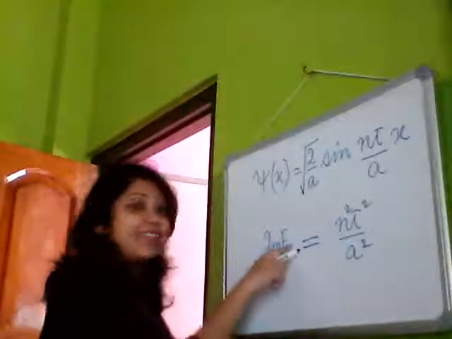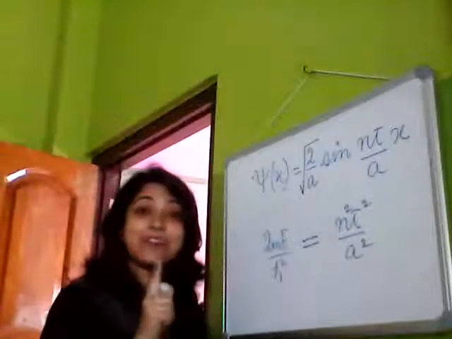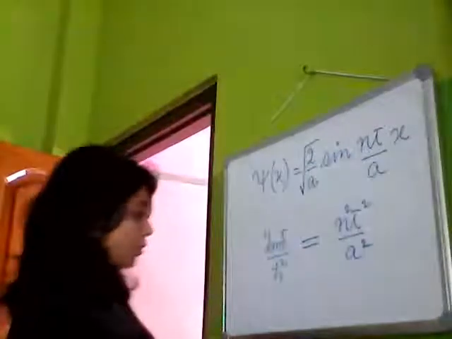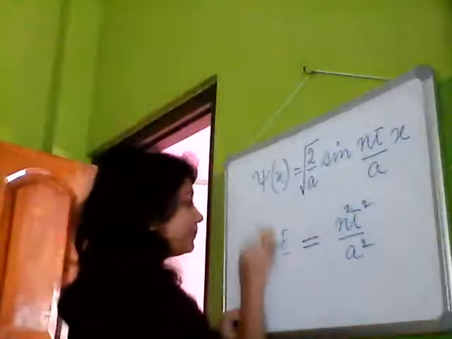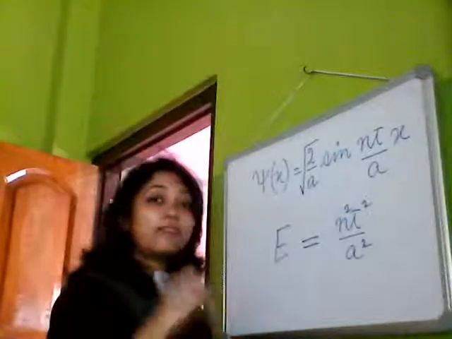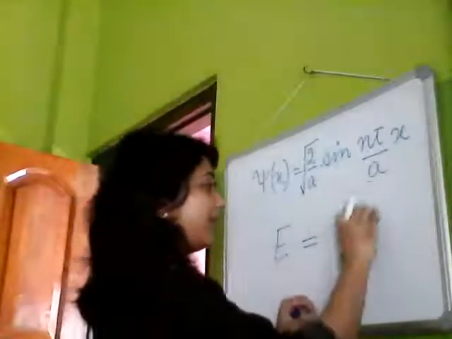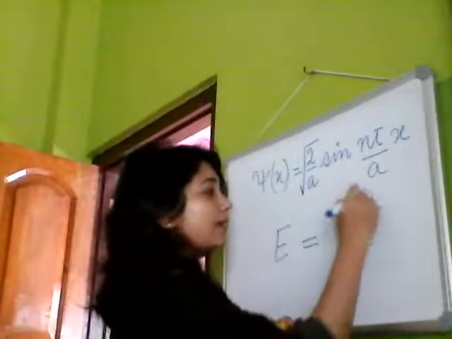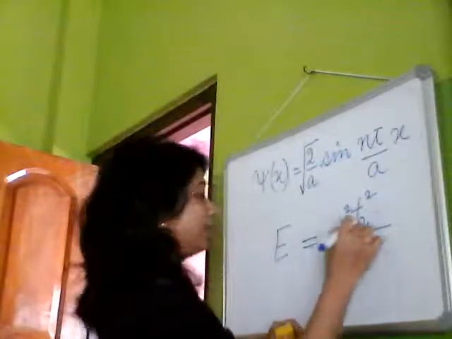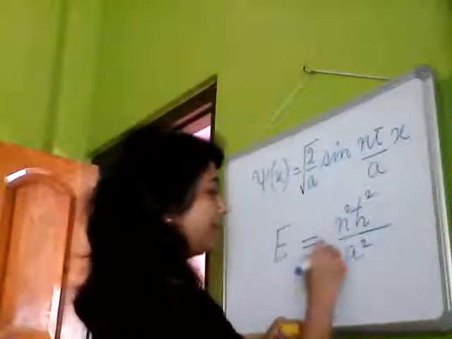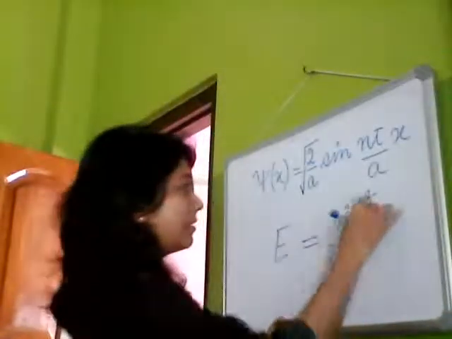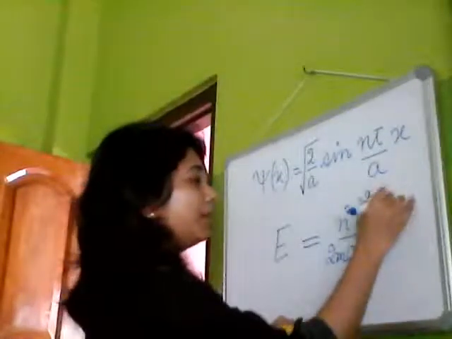I am going to get the energy of this system, the energy of the particle which is confined within my one-dimensional potential well. So let me just take these values over there and see: the energy of a particle confined within a one-dimensional potential well is n square h cut square pi square by twice m a square.